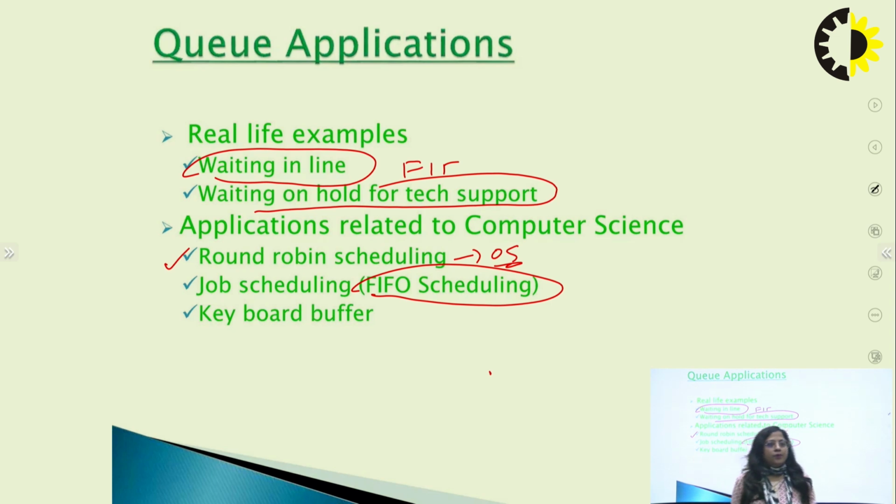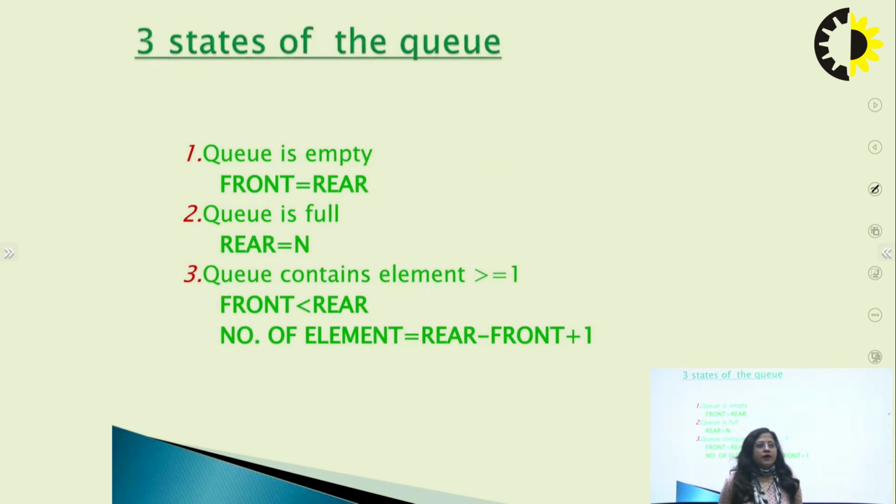Now same, the third is the state of queue. State of queue, here the queue is empty, same state. Only 2 operations occur in queue. First one is NQ for insertion and second one is DQ for deletion. But some other states are also shown in queue. Let's suppose you want to check whether your queue is empty. Then the condition is to check the front and rear: front and rear equal to -1.